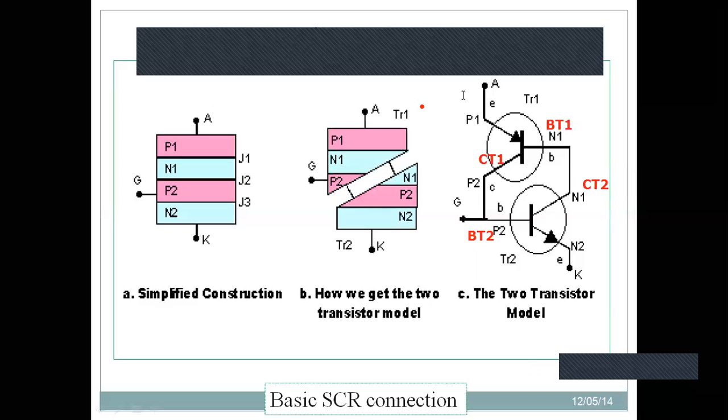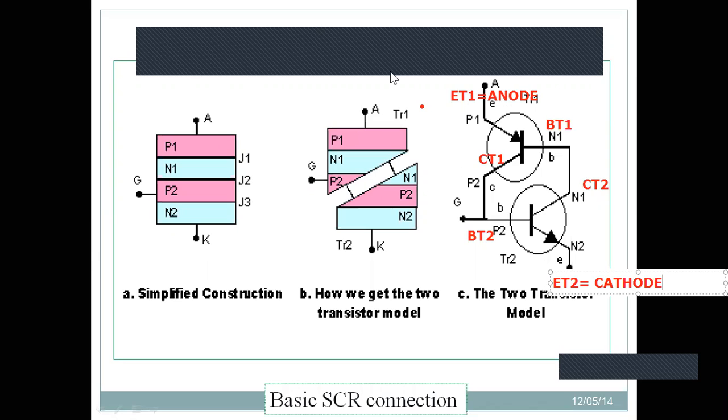The emitter of first transistor is taken as your anode, and the emitter of the second transistor T2 is taken as cathode. This is how we construct the two transistor model.